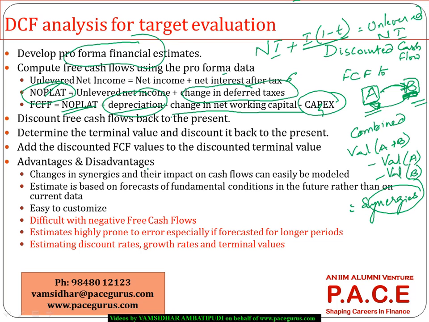Use an appropriate discount rate which reflects the risk of that particular firm, and discount it back to the present value, and that is what we call the free cash flow based valuation.